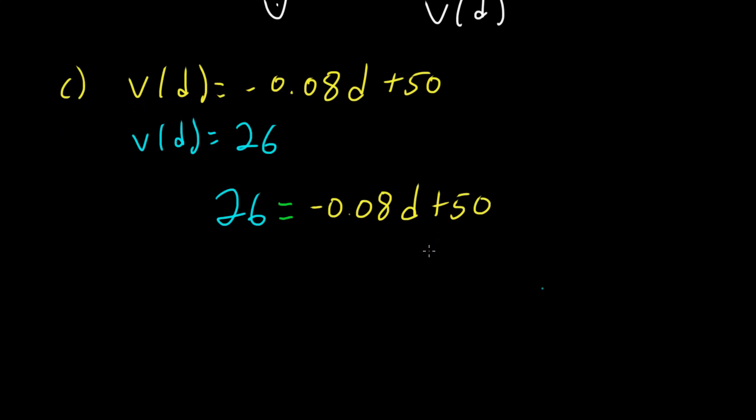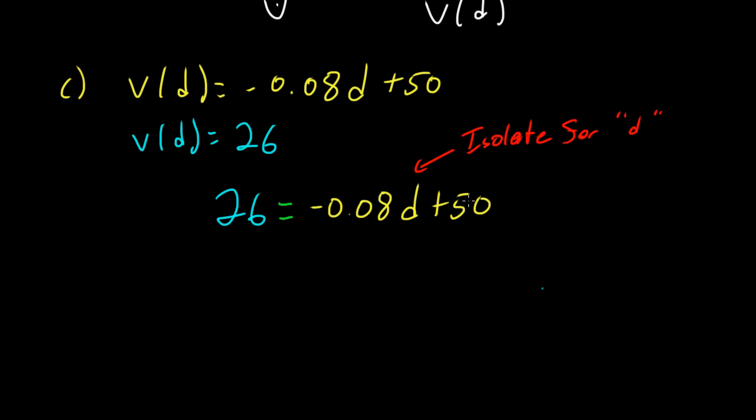And now this just turns into basically a multi-step word problem in grade 9, where we have to isolate for D. Depending on who your grade 9 math teacher was, they might have called this a number of different things.